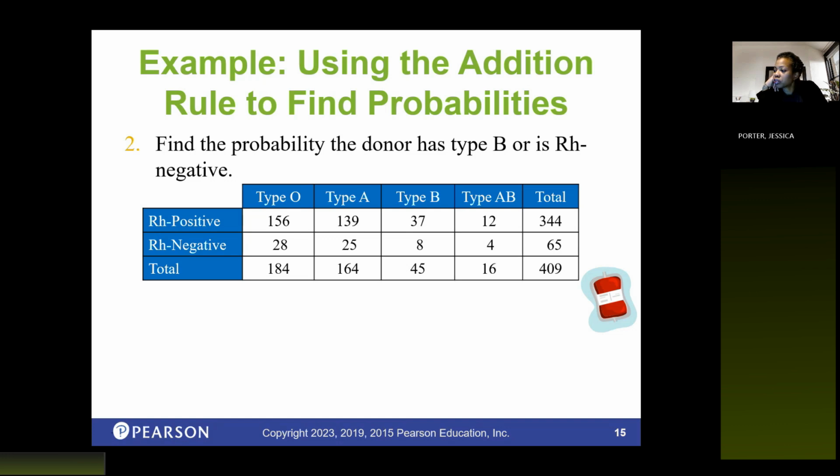So, type B, 45 over 409, and then Rh negative, 65 over 409. And then we're adding those two. What are we going to subtract away? Yep. It's going to be the 8 over 409, the overlap of 8.